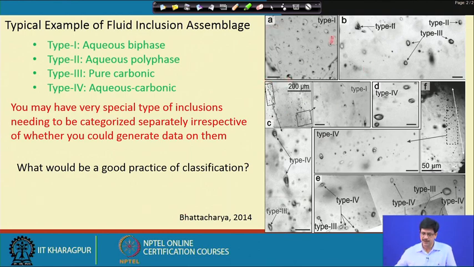For example, in A, I am seeing only the aqueous biphase inclusion, only type 1, whereas in the figure beside that, type 2 and type 3 inclusions are all occurring side by side together. And even in the photograph over here, type 3, type 4 and type 2 are all together. And this image that I am showing here also gives us a good idea.